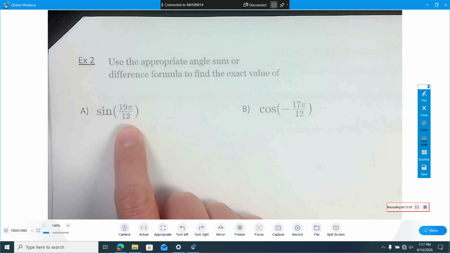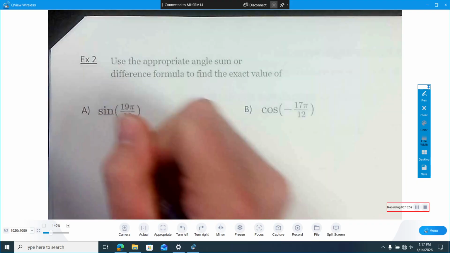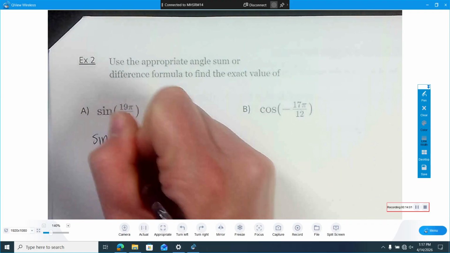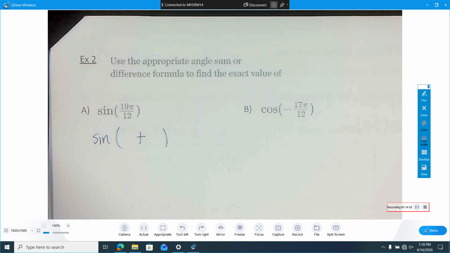Okay, so something like 19 pi over 12 could be the sum or difference of two angles. Any two angles, really, but we want to be a little bit careful.